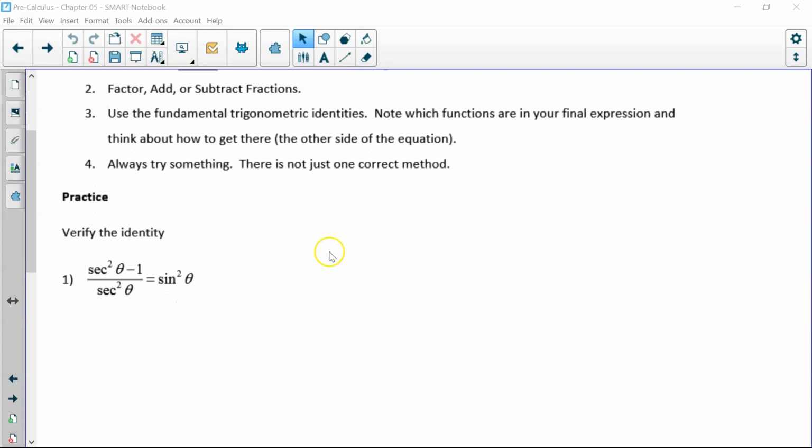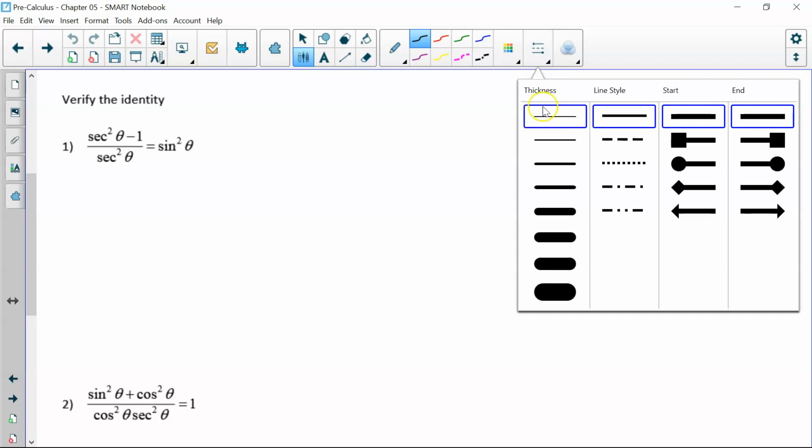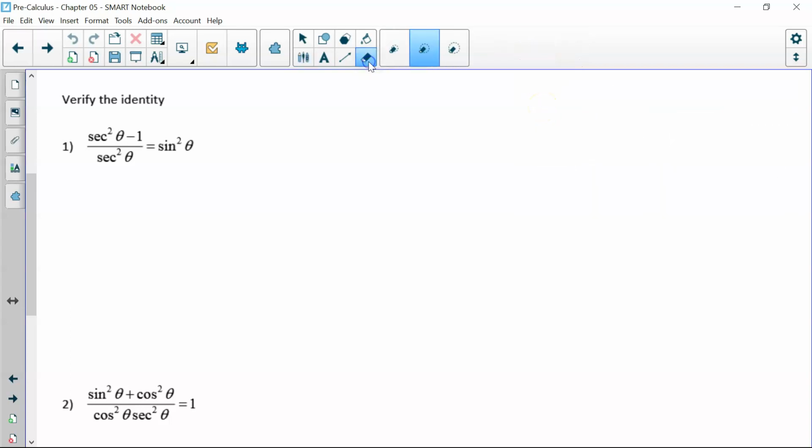Now, like I said, there's more than one way to do it. So looking at problem number 1, we're going to verify the identity. I want to work on the left-hand side. So what I'm going to do is I'm looking at secant squared theta minus 1 over secant squared theta. So one of the ways we could do this is divide the numerator. So I'm going to split them up.